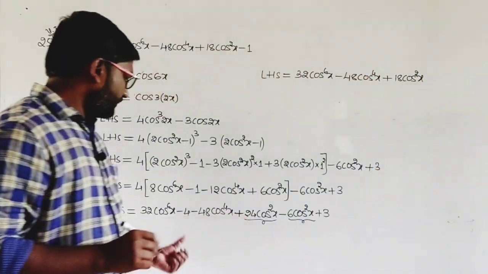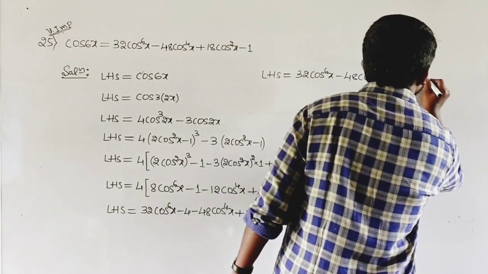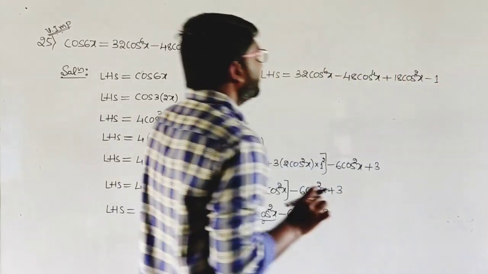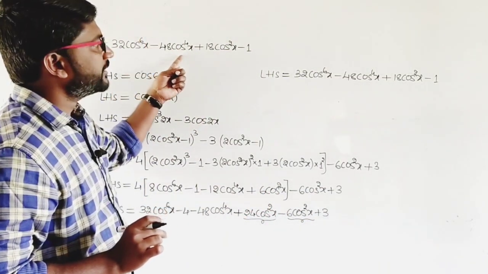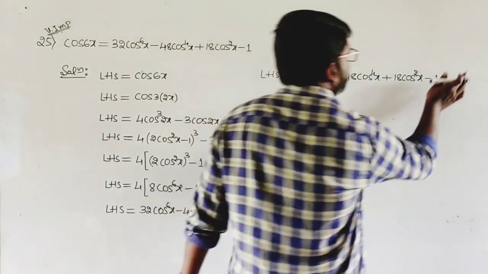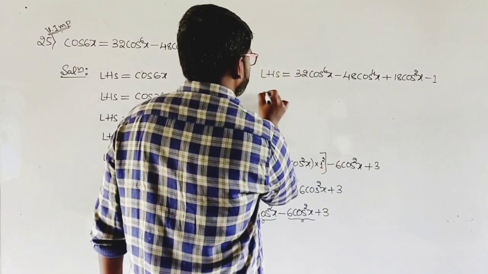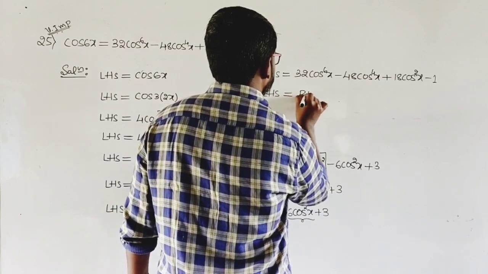And then minus 4 plus 3 will be minus 1. So check the RHS here. 32 cos to the power 6x minus 48 cos raised to 4x plus 18 cos square x minus 1. So here we have got the required RHS. So LHS is equal to the RHS.